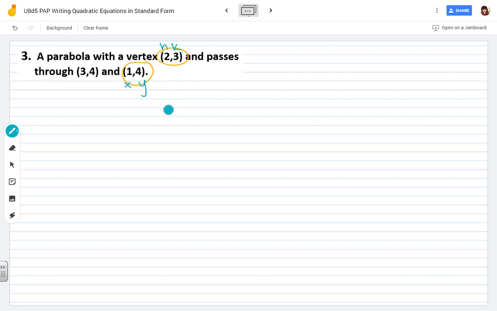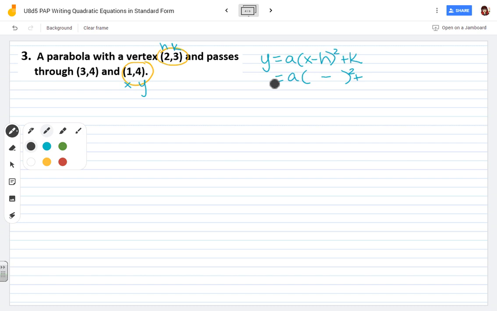Okay. Start off with our vertex form. Y is equal to a times x minus h squared plus k. We're going to plug in everything we know, solve for what we don't. So I know I'm going to know x, y, h, and k, and I'm leaving everything else in. So y is 4, x is 1, h is 2, oh yay, no negatives, and k is 3.